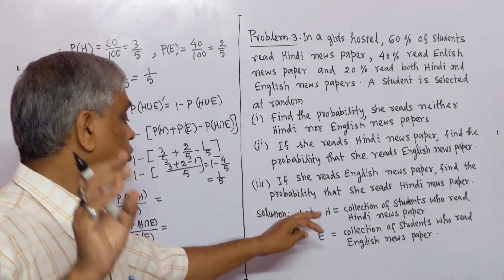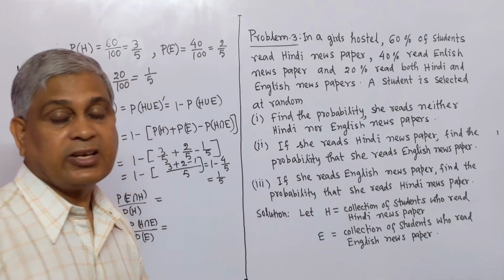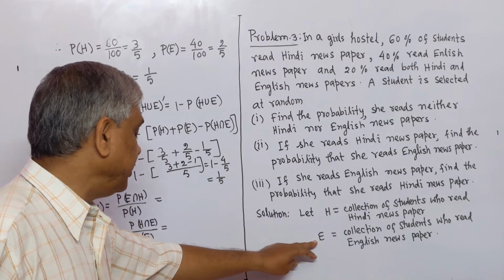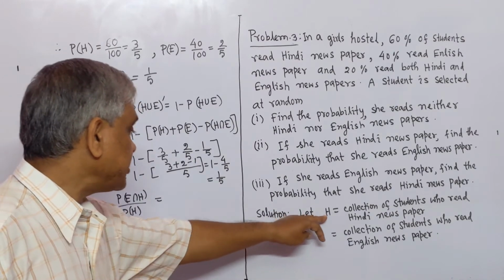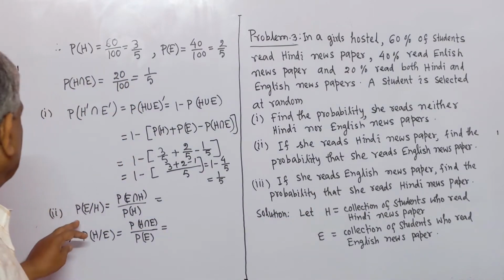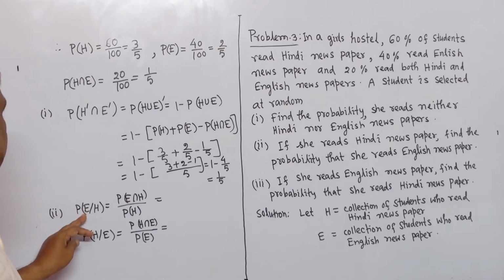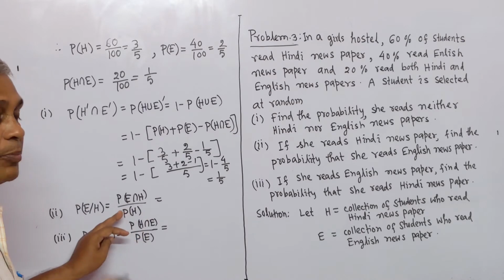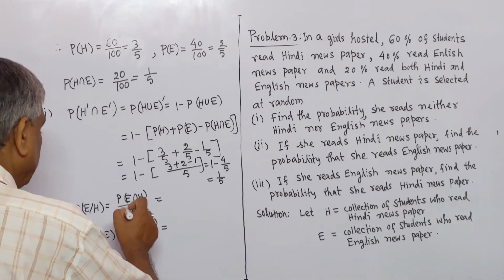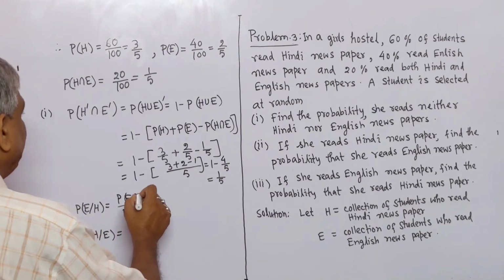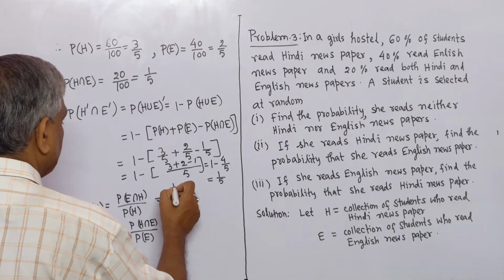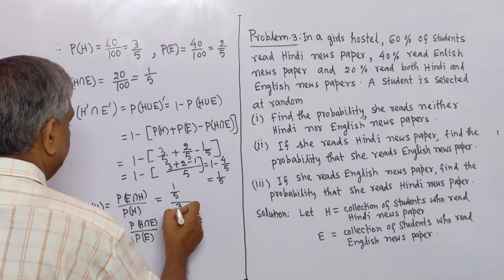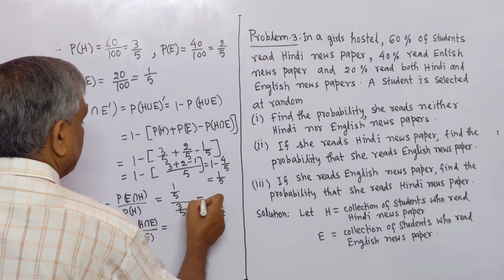Means known event is H, and we have to find the probability of E slash H. So P(E/H) means probability of E intersect H by probability of H. We know this formula. Probability of E intersect H is 1 by 5 and probability of H is 3 by 5. That is 1 by 3.